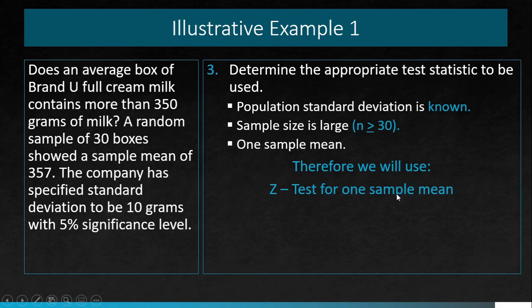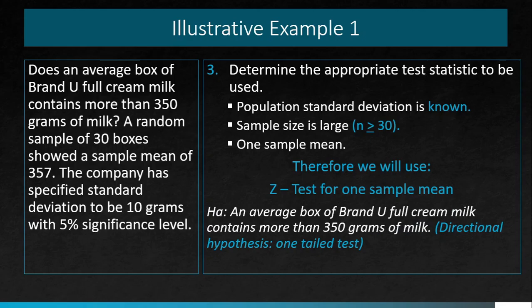Technically, it's given in the title of this presentation. And we need to determine first whether we are going to use a directional or one-tail test or a two-tail test. So if you go back to our alternative hypothesis, it states that an average box of brand new full cream milk contains more than.